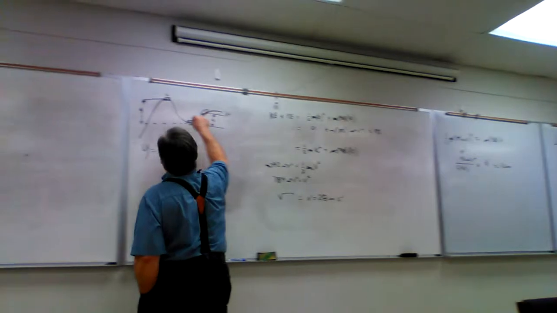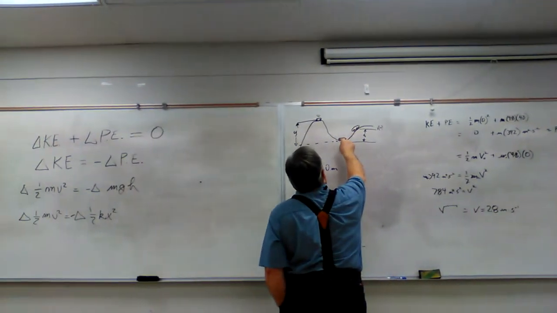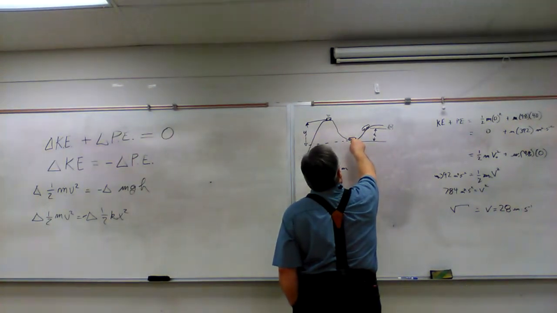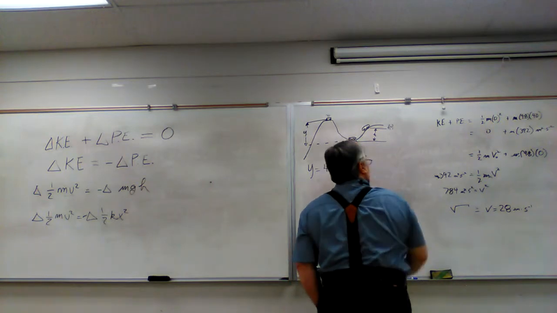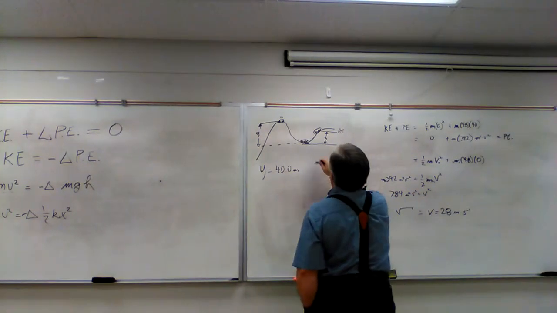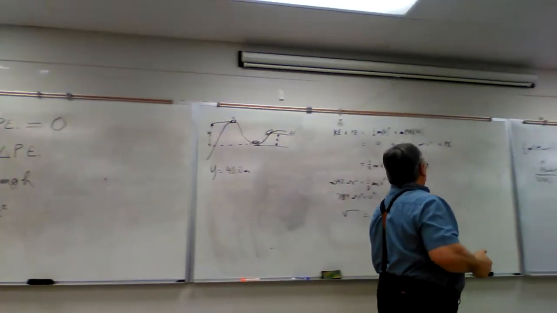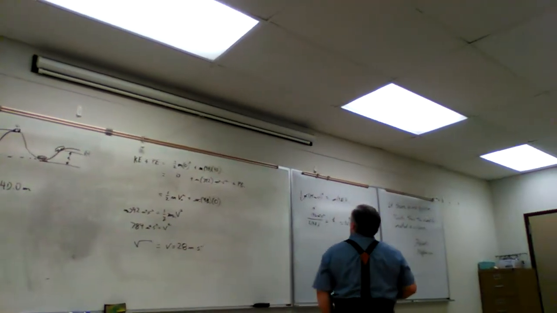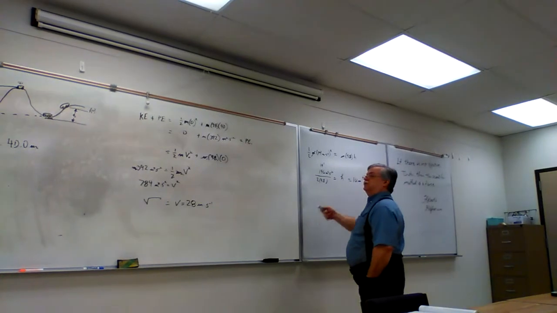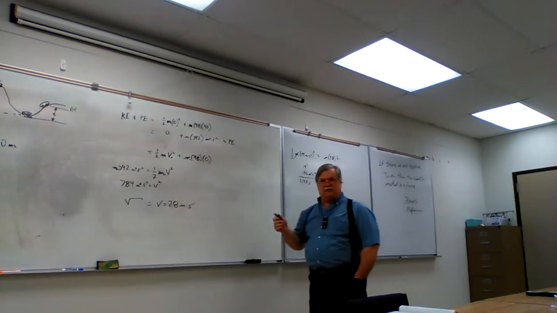this is zero potential energy, all kinetic energy. So it's 28 meters per second here. At some height, its kinetic energy will only be half of that, which means its potential energy would have to be the other half.